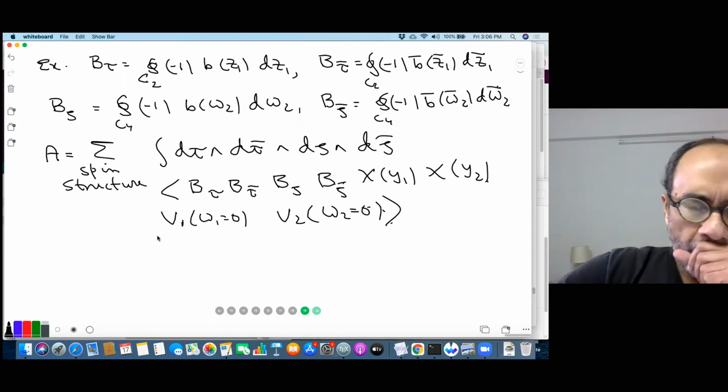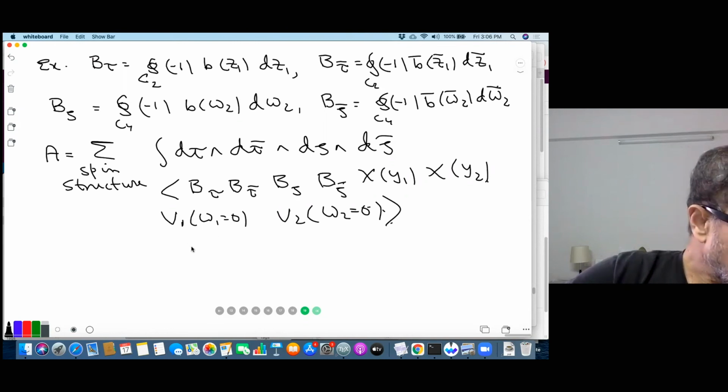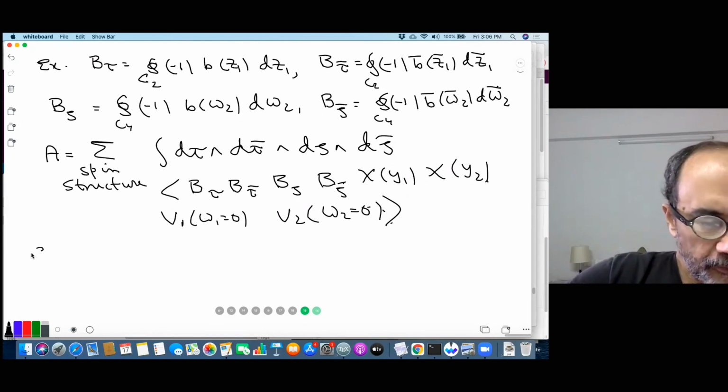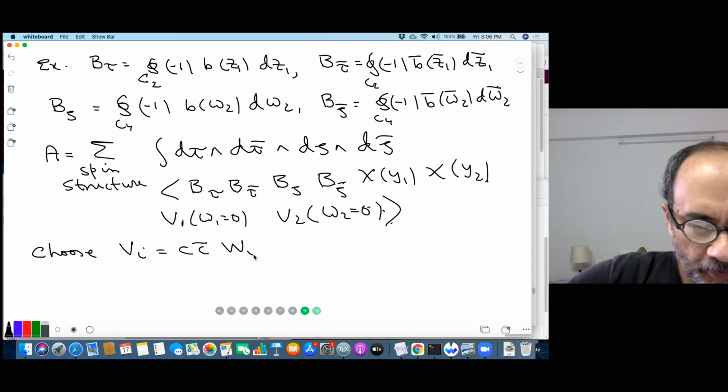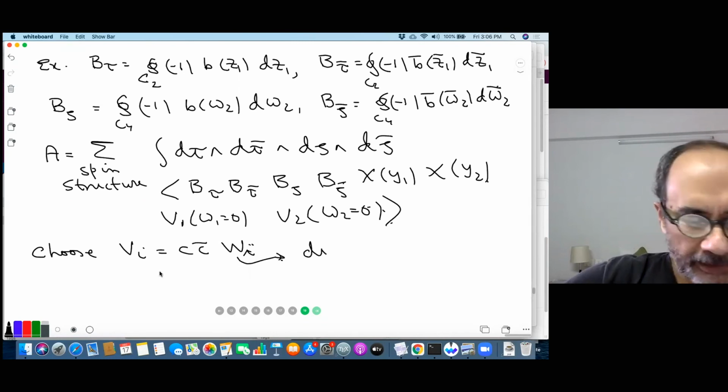Now I'll choose for v1 and v2 some particular form, which is a physical state. So choose vi as c bar of wi, e to the minus phi of wi, times a matter operator. It has to be in the -1 picture, right? So e to the minus phi.